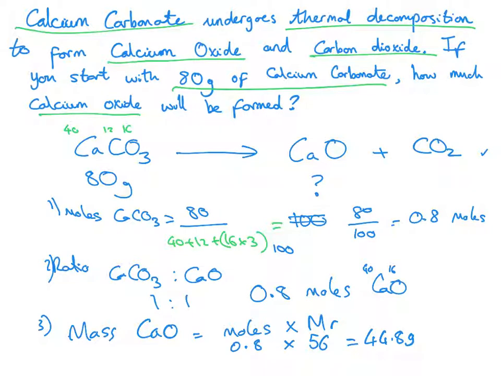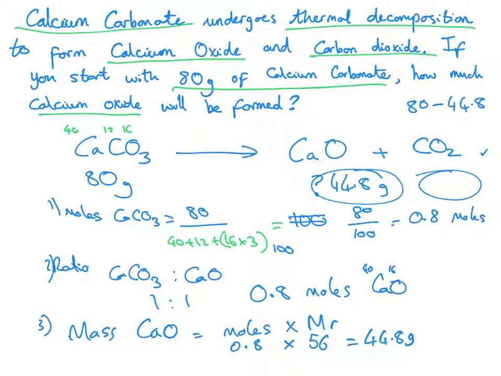So if I start with 80 grams of calcium carbonate, am I going to make 44.8 grams of calcium oxide? Yeah, that kind of makes sense, because I'm going to lose a massive amount of carbon dioxide. You can also work out that the carbon dioxide amount is 80 minus 44.8 due to the conservation of mass.